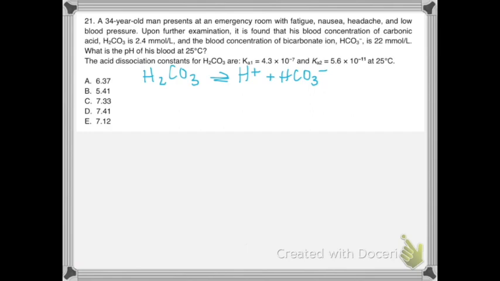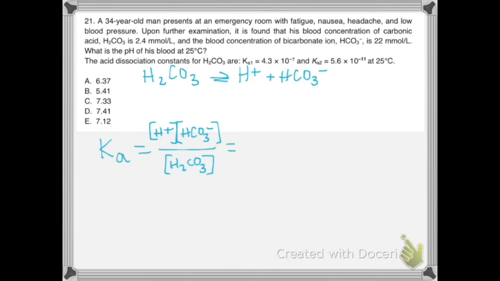So let's write our equilibrium expression. We know that the Ka will be equal to the concentration of H plus times the concentration of HCO3 minus, all divided by H2CO3. And they tell us what this value is.